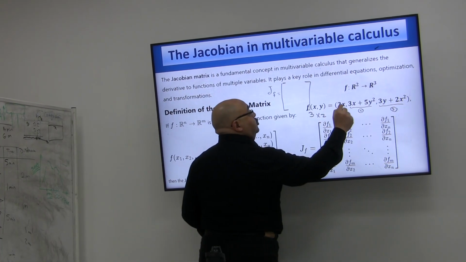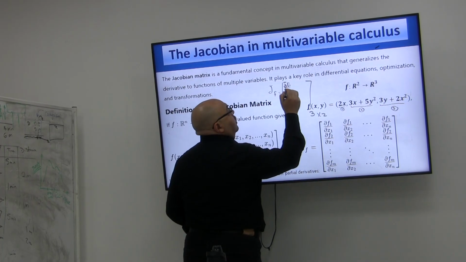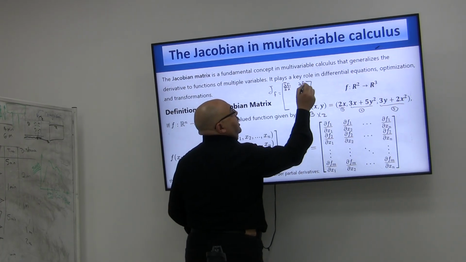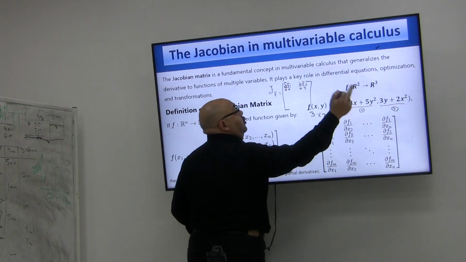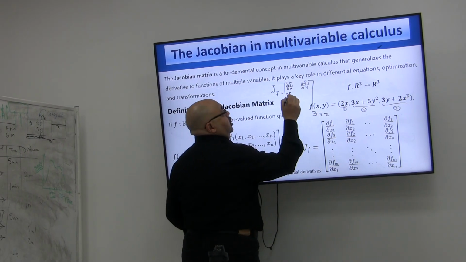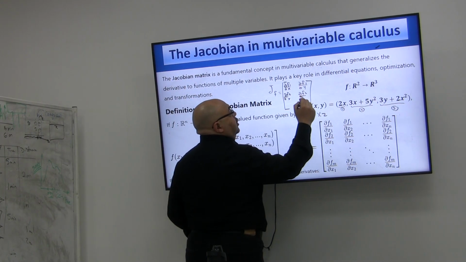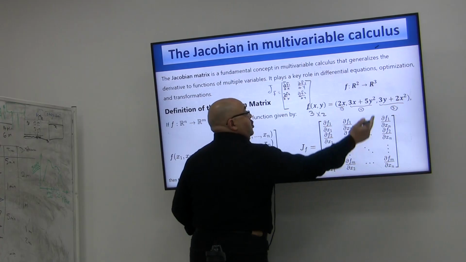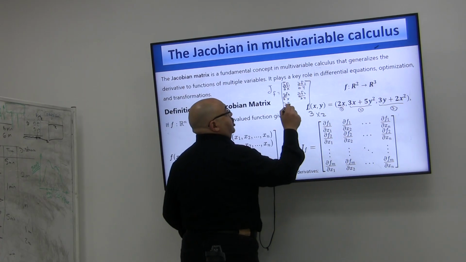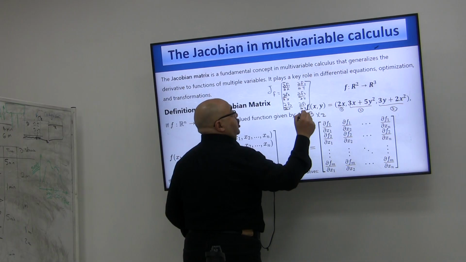So I will differentiate 2x: partial f1 over partial x, partial f1 over partial y. I will do the same with the second function: partial f2 over partial x, partial f2 over partial y. I will do the same with the third function: partial f3 over partial x, partial f3 over partial y.